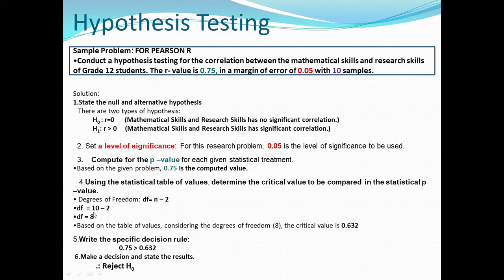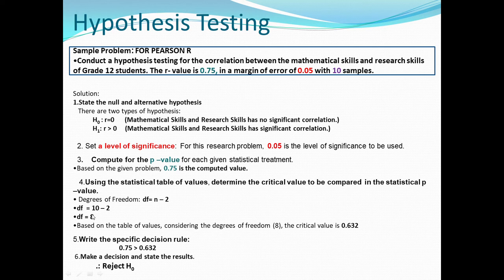Okay? Kung yung ating degrees of freedom ay 8, based on the table of values considering the degrees of freedom, the critical value is 0.632. Okay? So, saan nakuha tong 0.632 na to?